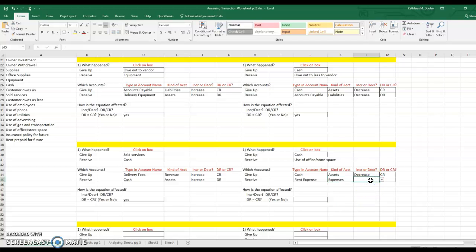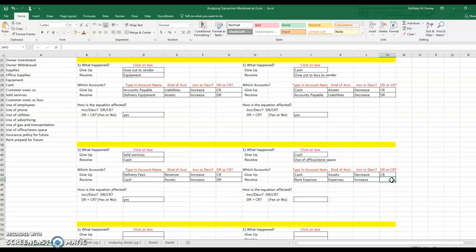Do we have more or less? And this is one of those times it's easier to go up to the top to say, do we have more or less cash? Well, we have less cash. Do we have more or less use of the office space? Well, 5 minutes ago, we didn't have any use of office space. Now we do, so we have more use of office space, an increase in office space.